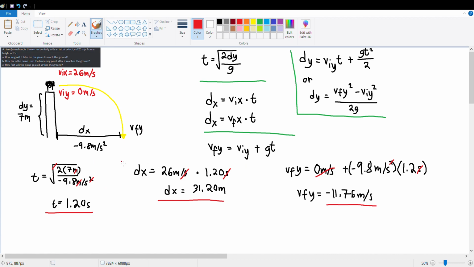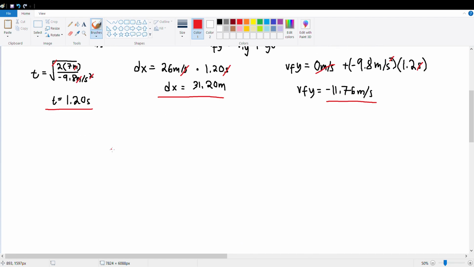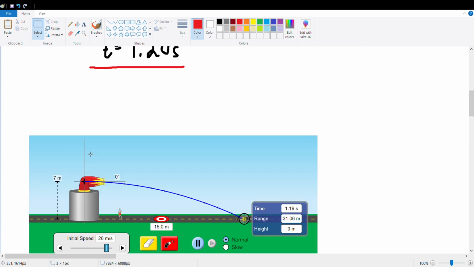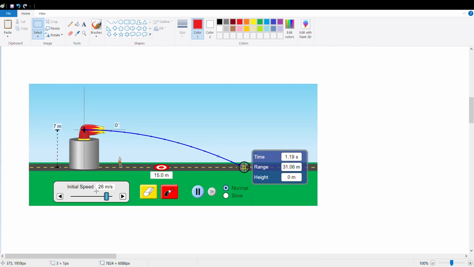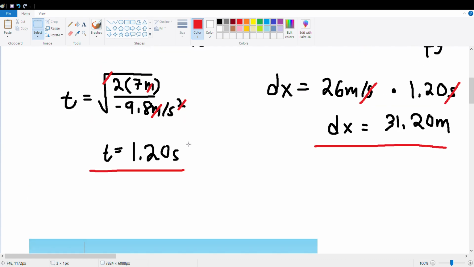So that is pretty much it. If you want a proof that this is right, I'll just send this. As you can see, it is at initial speed of 26 meters and 7 meters high. So the time is 1.19, but it's basically the same.